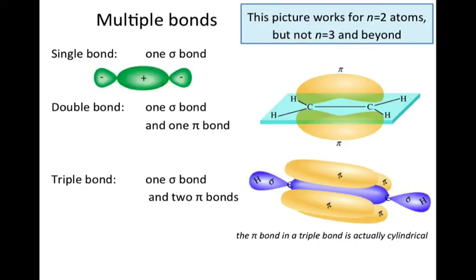Now a double bond consists of a sigma bond and a pi bond. So this picture on the right is showing just the pi bond. So this carbon had a hybrid orbital like this and a hybrid orbital like that. Then they overlap to make a sigma bond in the middle.